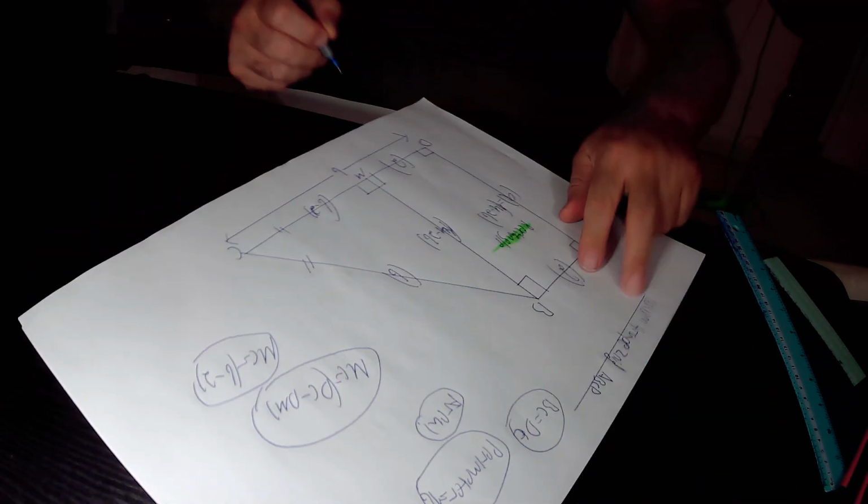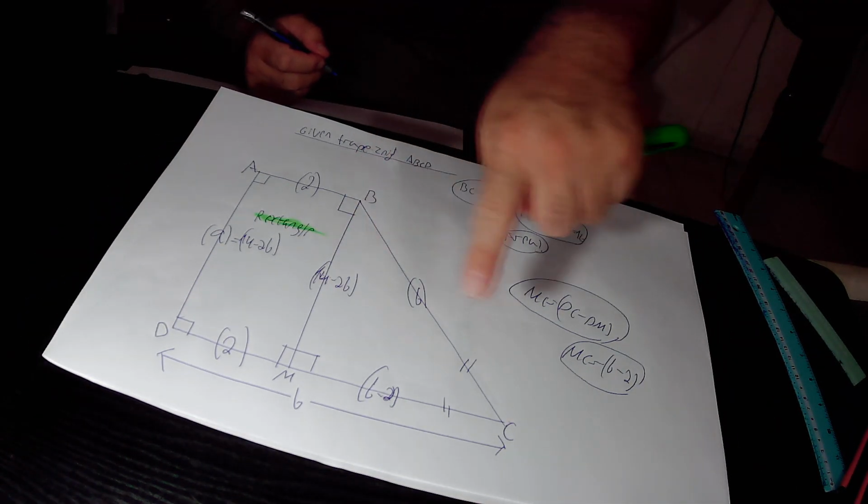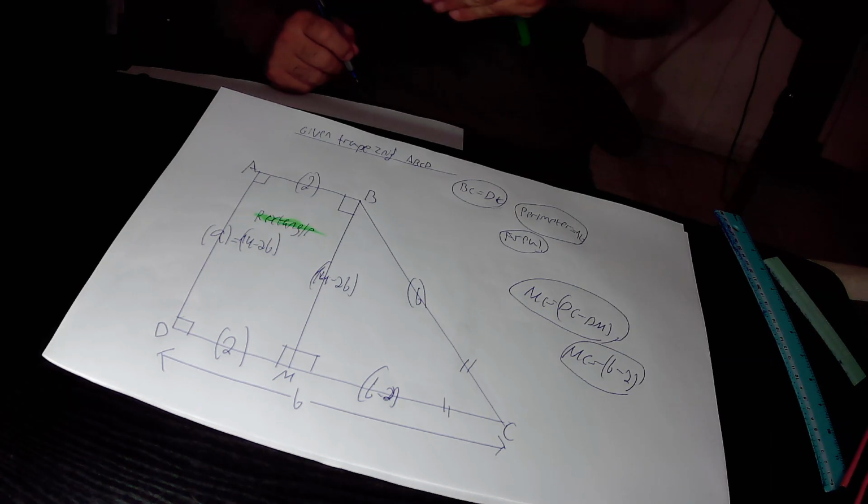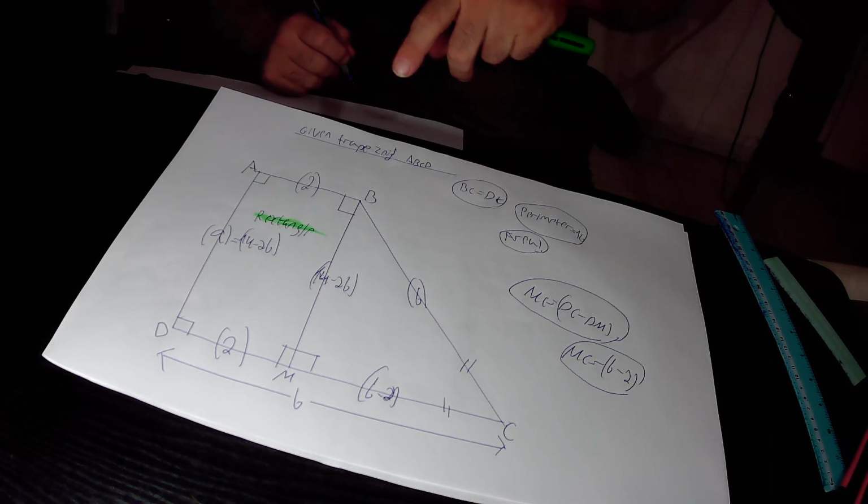So in the next step, I'll copy this right triangle BMC onto a new page and we will implement the Pythagoras theorem on this right triangle BMC.